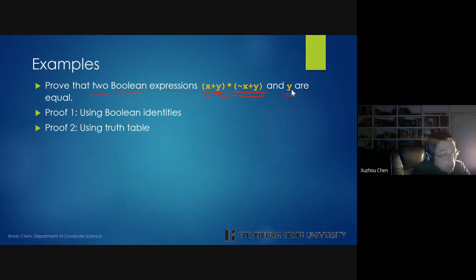And if I ask you which expression is the simpler one, it's easy to say, of course, this is simpler. So it's easier in practice to identify which expression is simpler, but it's so difficult to express it theoretically. You can prove this using two approaches: you can build a truth table, or you can use the Boolean identities.